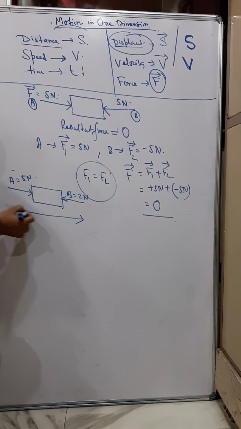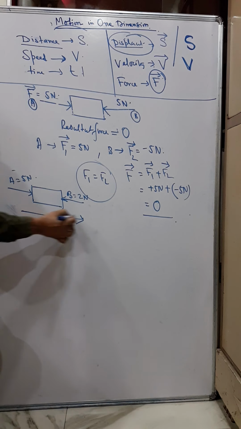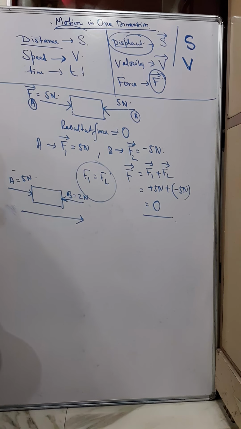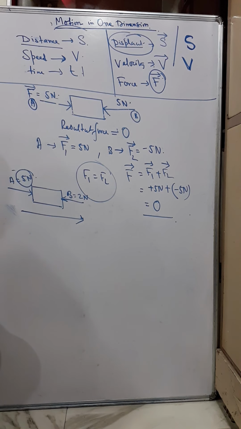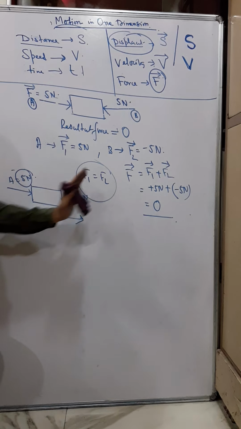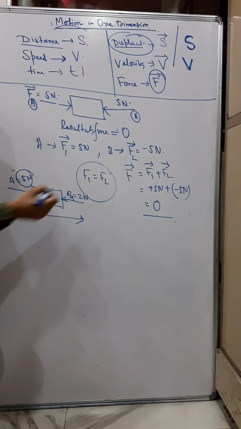Although A is applying 5 Newton, the resultant effect will be less because B is obstructing.